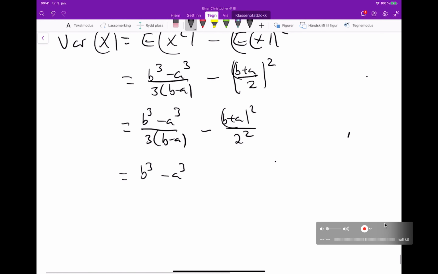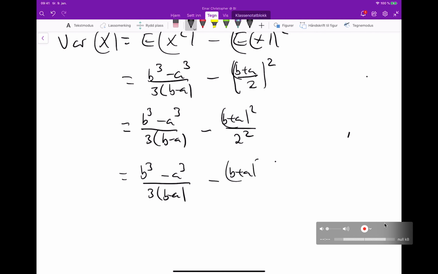We have to multiply with 3 times b minus a, minus b plus a in the power of 2 divided on 4, and then combine these two.